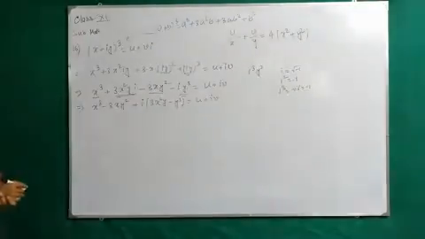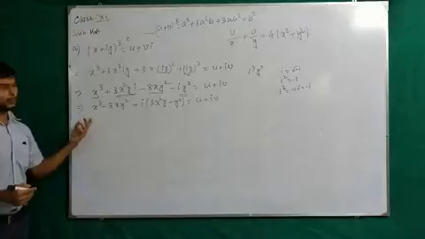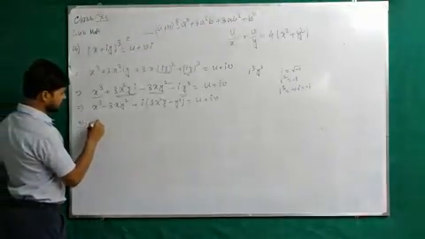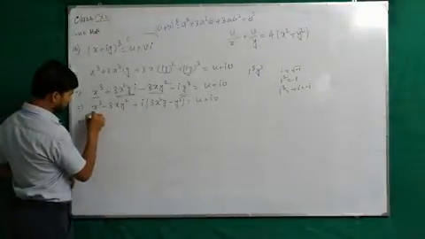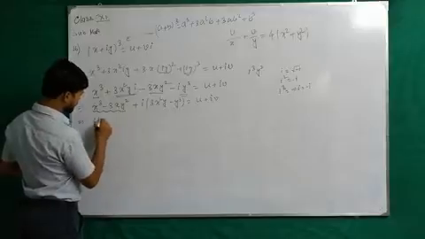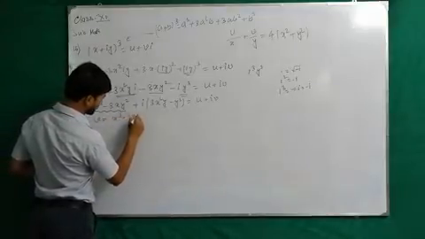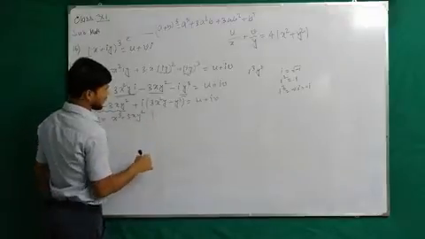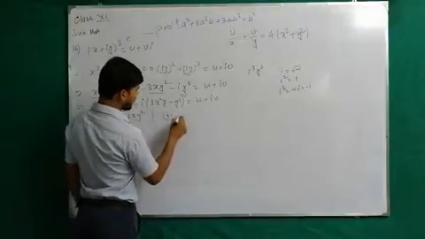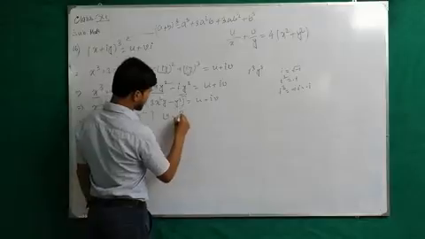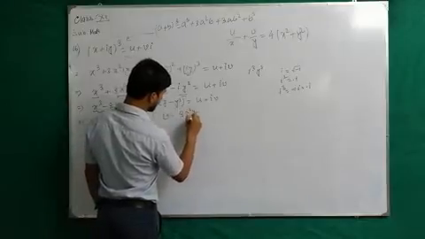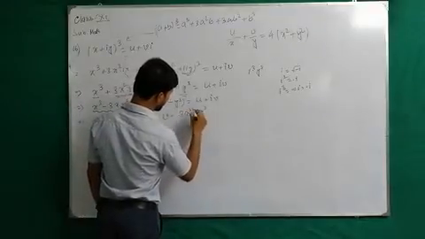Now if I compare the real part and the imaginary part, then we can write that u, meaning the real part of this complex number, is x cube minus 3x y square, and v will be the imaginary part of the complex number, that is 3x square y minus y cube.